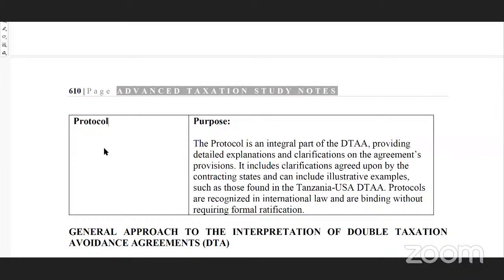This includes clarifications agreed upon by the contracting states and can include illustrative examples, right? So in Ghana, we have some. In other countries, we have some protocols, right? So they give further explanation to things that are in the law, that do not really require formal ratification, but they are formally binding on the parties, okay?